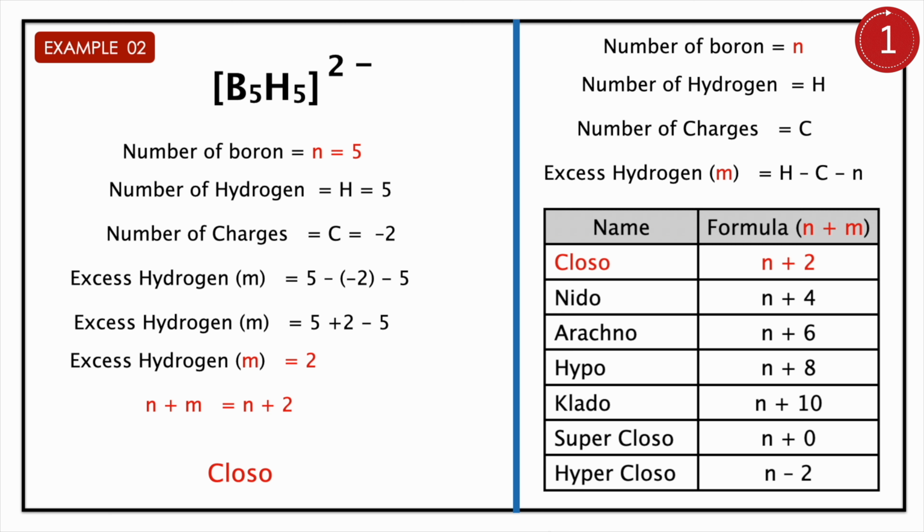So excess of hydrogen will be H minus C minus N, which is 5 minus of minus 2 minus 5, which gives M equals 2. So in the n plus m system, M is 2, which means it is an n plus 2 system, which is Closo. So the structure of B5H5 2 minus is Closo.